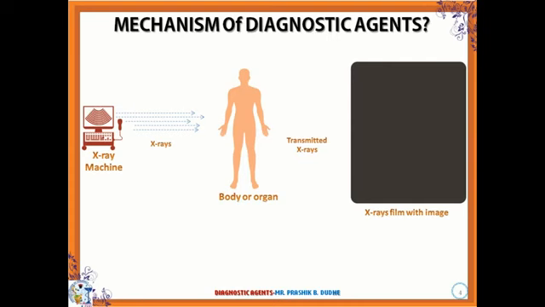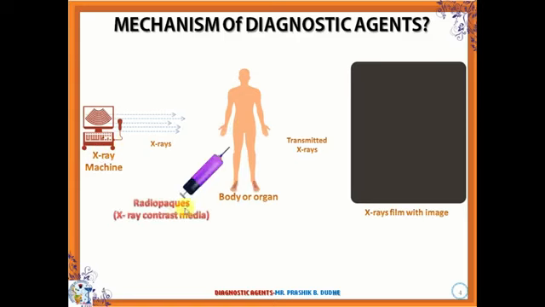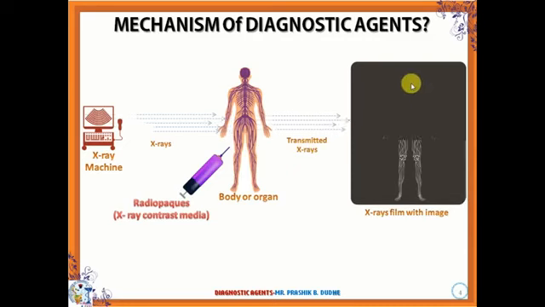Now let us see the animation of the same. The X-ray emits from the machine, goes to the body where the radio opaque substance is injected to the specific organ or the part where we want to note. The transmitted rays develop an image on the X-ray to show the structure of that specific organ or whatever body part we want to measure.